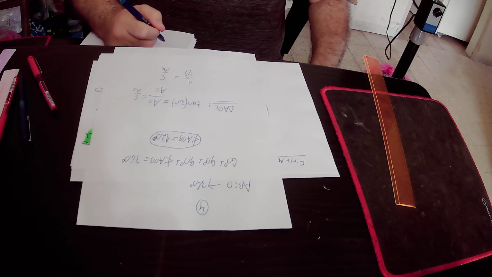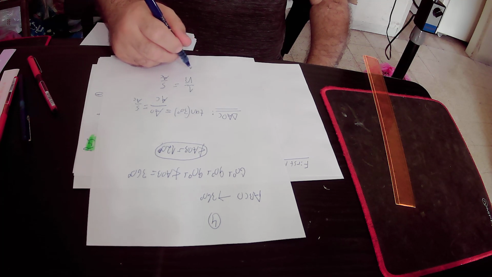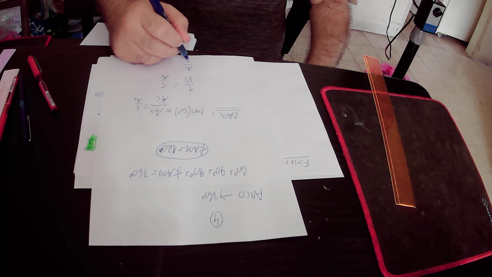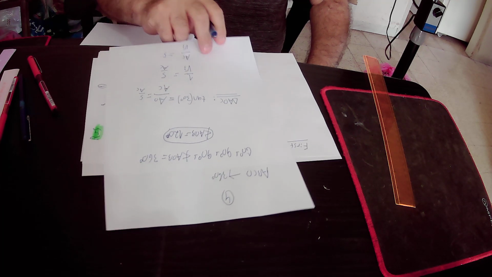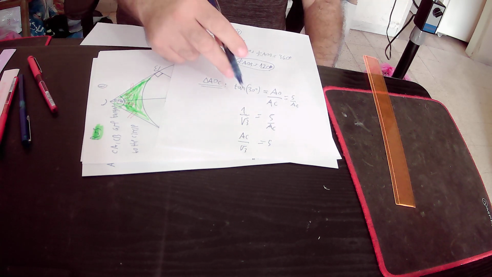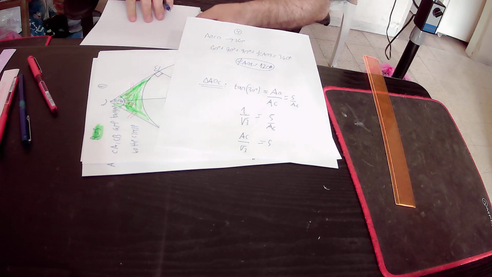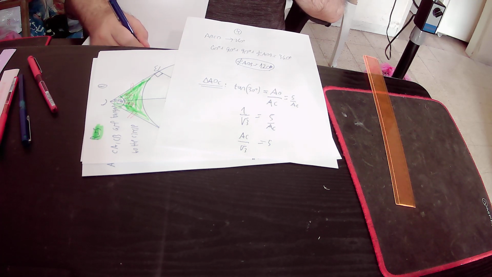Here we will multiply this equality by AC. We'll get that AC over root 3 equals 5. So here we will multiply this equality by root 3. And we will get that AC equals 5 times root 3.